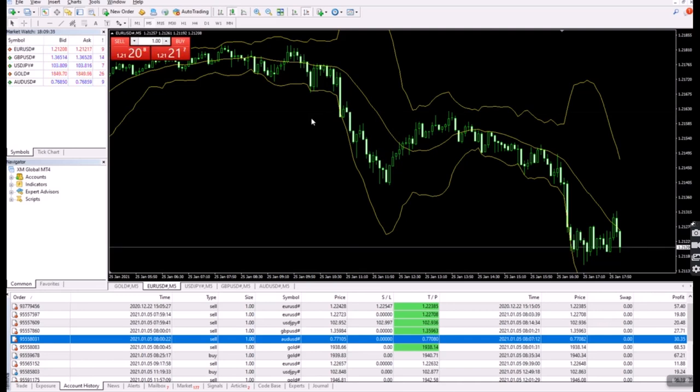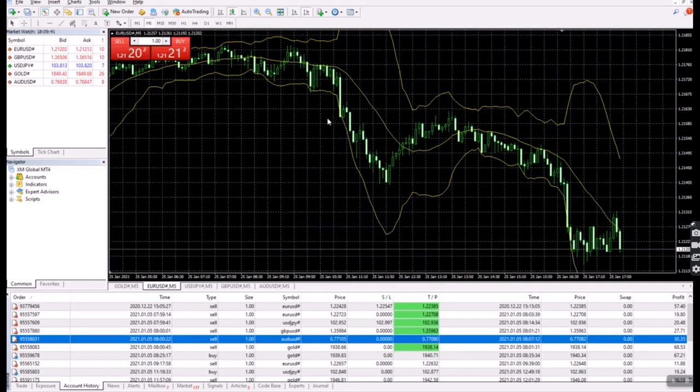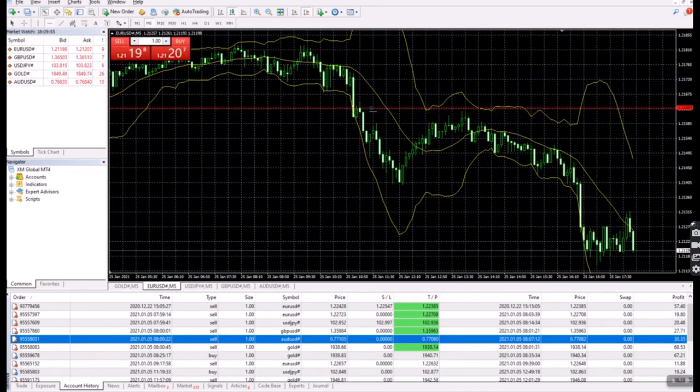So where to put your stop loss? There are a few ways to do it. Firstly, you can always do your grid. Open your grid here. Just remember that your entry point is around here, the third candle where you enter.